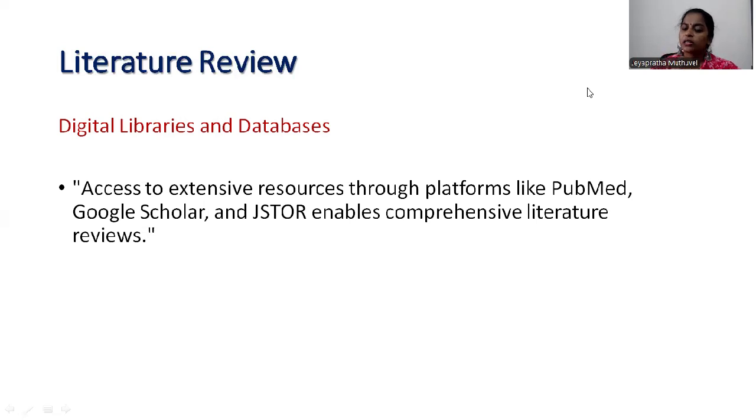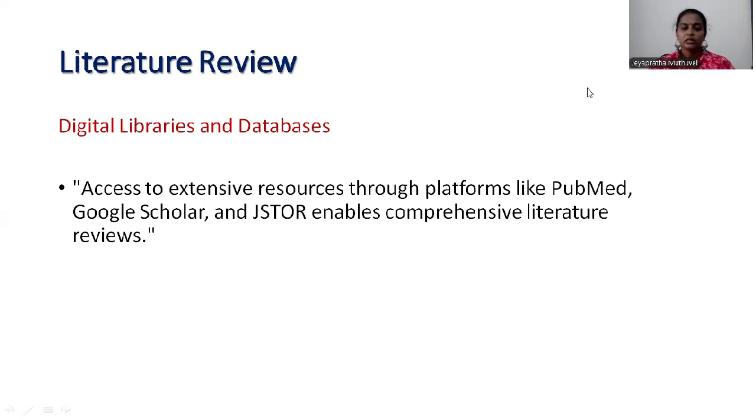Then systematic review, which uses systematic and explicit methods to identify, select, and critically evaluate relevant research. Meta-analysis combines the results of multiple studies using statistical techniques to derive overall conclusions. And scoping review maps the key concepts, types of evidence, and gaps in the research on a topic.